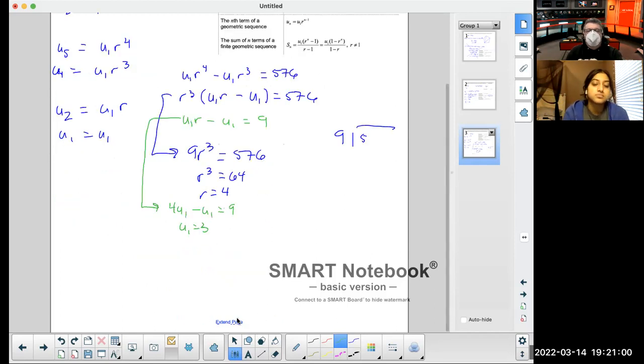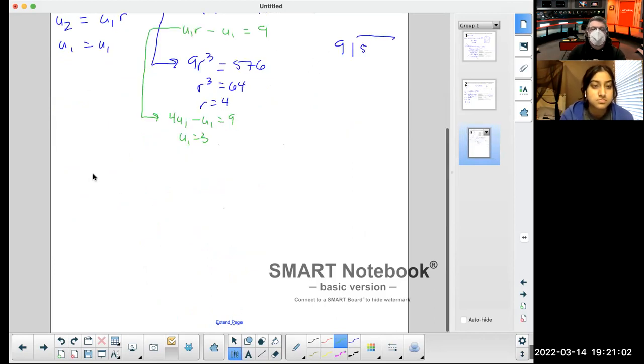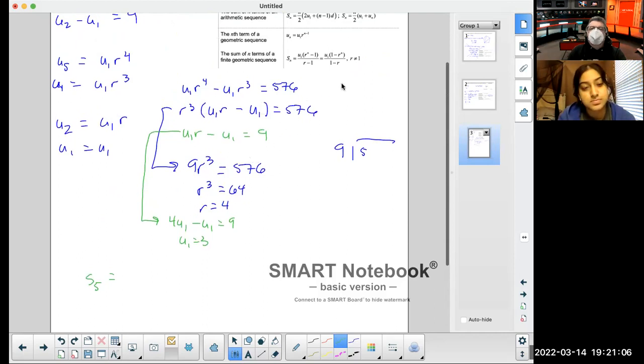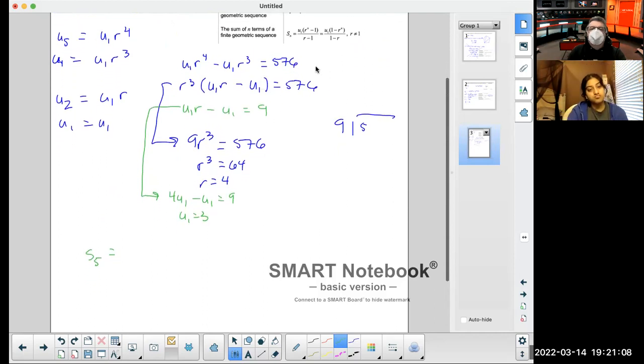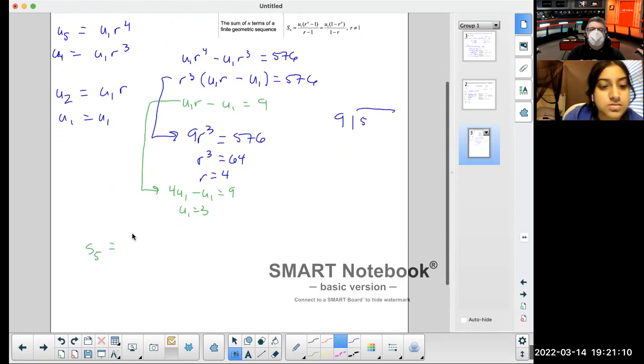All right, so now S sub 5 is equal to U sub 1, 3 times what's R? 4 to the power of 4. Oh, 4 cubed, isn't it? 4 to the 5th. Wait, isn't it 4 to the power of 4?